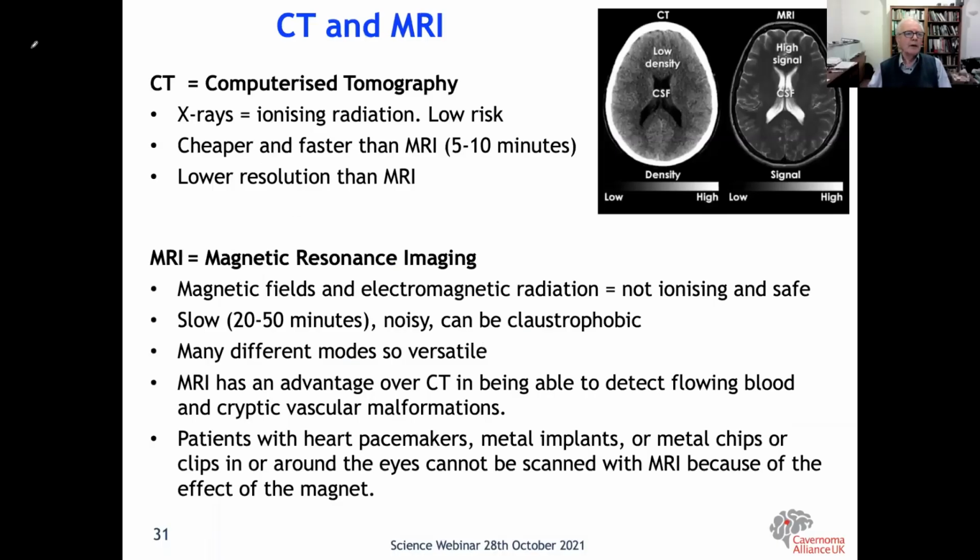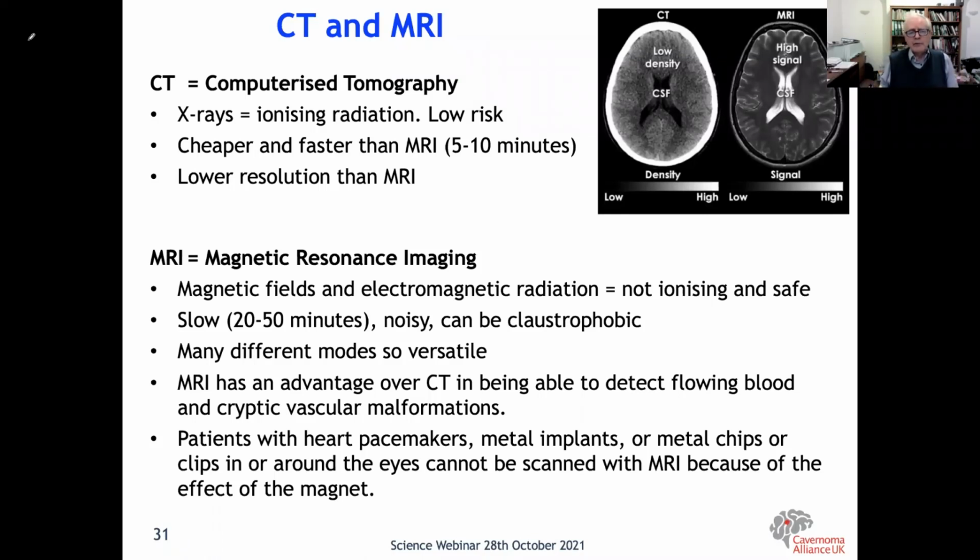Now, the talk was about computerized tomography and magnetic resonance imaging, but it's going to be almost entirely about magnetic resonance imaging. CT works with X-rays. You do X-ray scans of the brain, quite a lot of them. That is ionizing radiation. It's low risk because it's a lowish form of radiation and you don't experience it for very long.